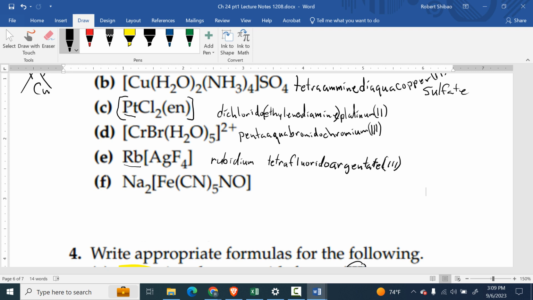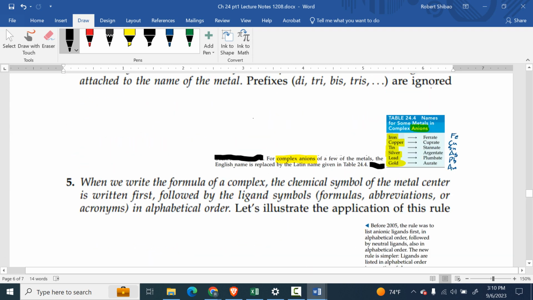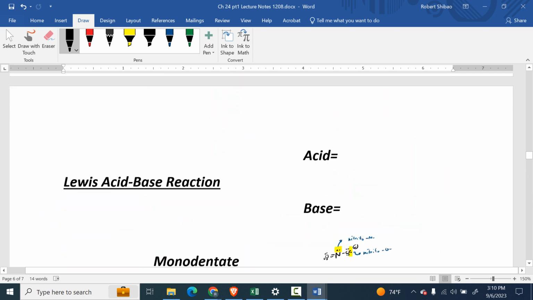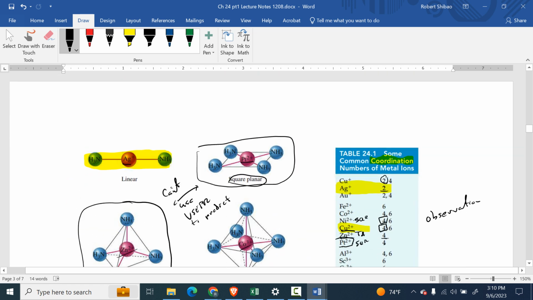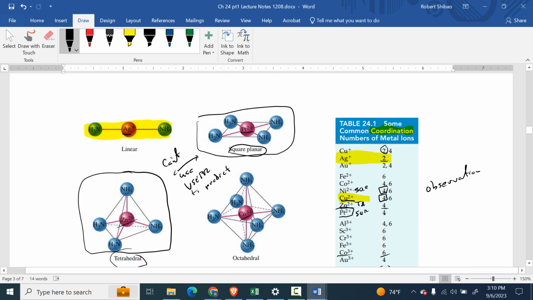One weird thing is this. In Chem 1A, you learn that silver's charge is fixed at +1. Do you ever recall seeing silver in +3? No. And there's one other thing that's weird. When we look at the coordination numbers, what's the coordination number of silver? Is the coordination number of silver 2 and 4, or just 2?